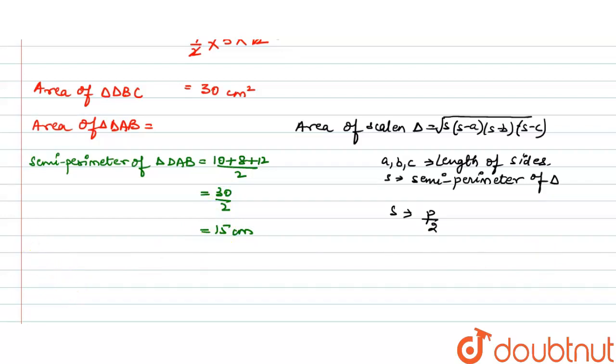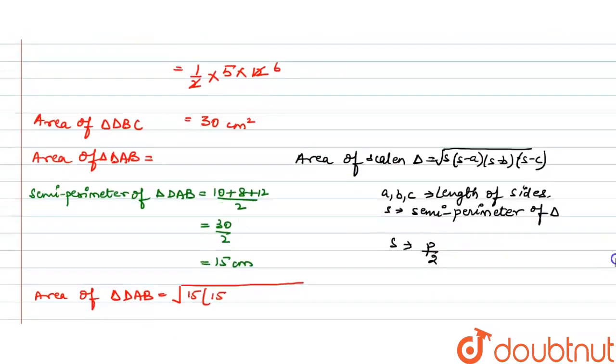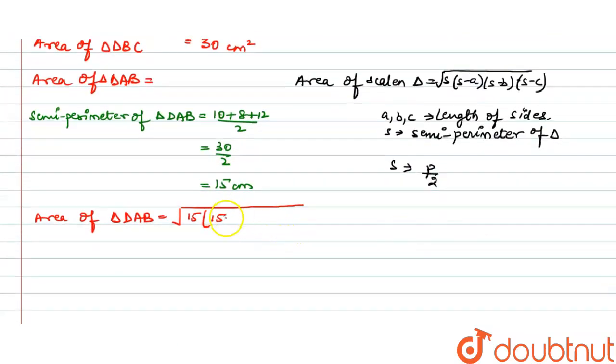So area of triangle DAB will come out to be under root of S is 15 into, now 15 minus one of the sides, so I will name this as A is equals to 10, so minus 10. So we will take all the sides, so 15 minus 10, 15 minus 8 and 15 minus 12.